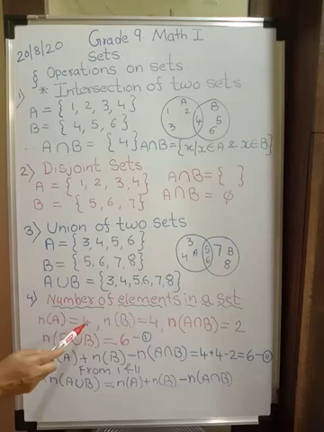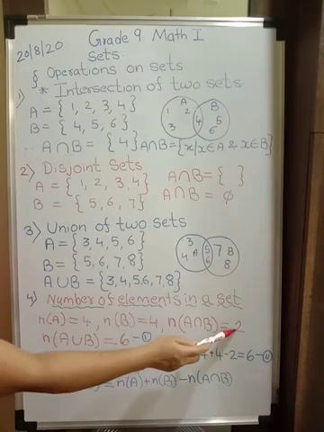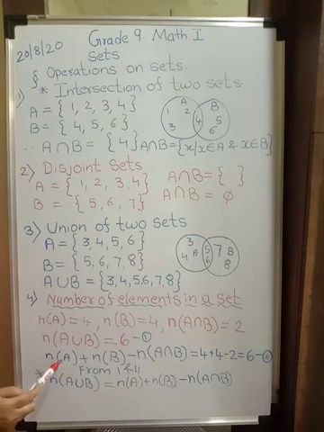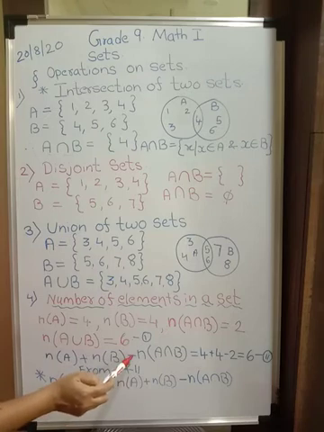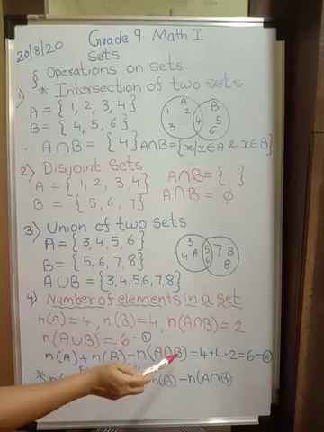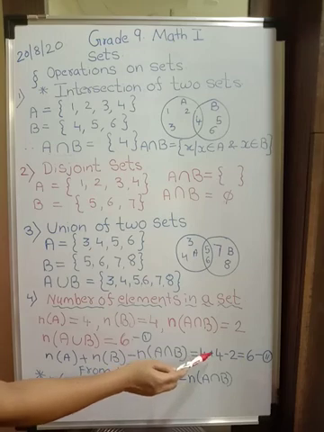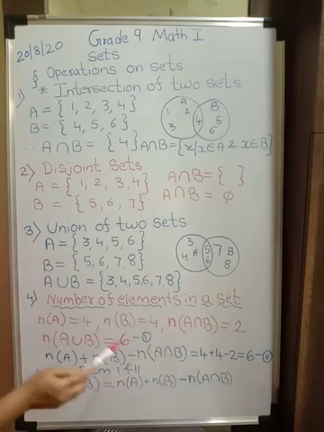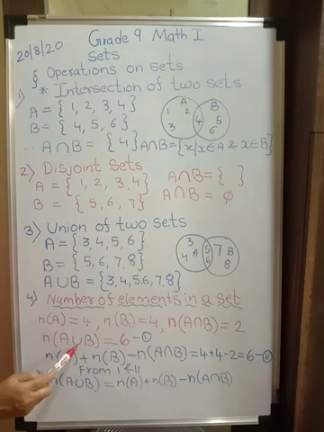And therefore, if I write number of elements in A plus number of elements in B, from that I subtract n(A intersection B), I get 4 plus 4 minus 2. 8 minus 2 is 6. And 6 is nothing but n(A union B).